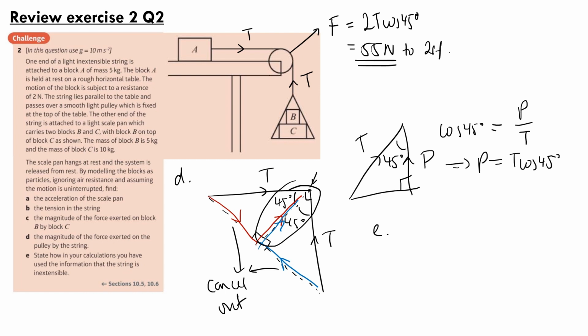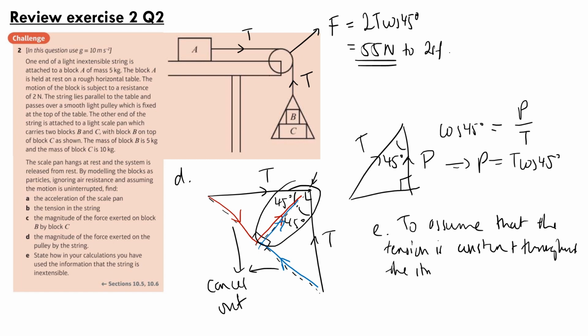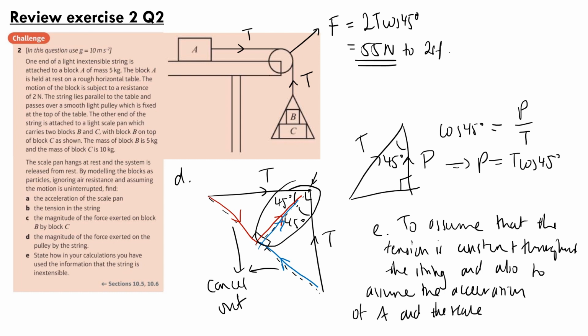So we use that in parts A and B to assume that the tension is constant throughout the string, and also to assume the acceleration of the block A and the scale pan is the same.